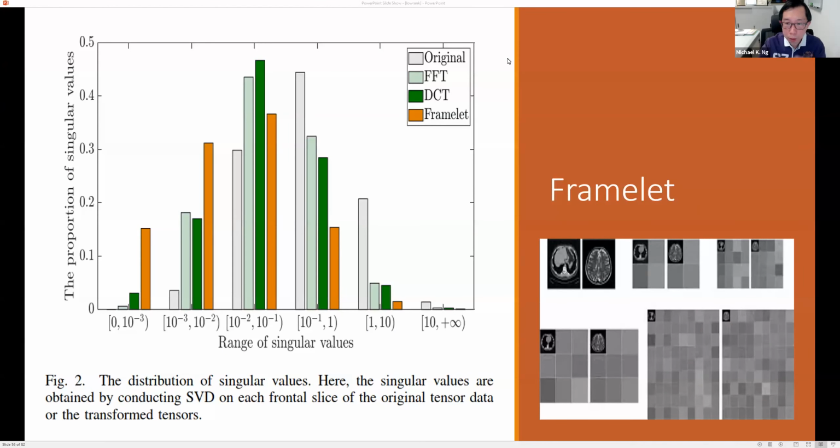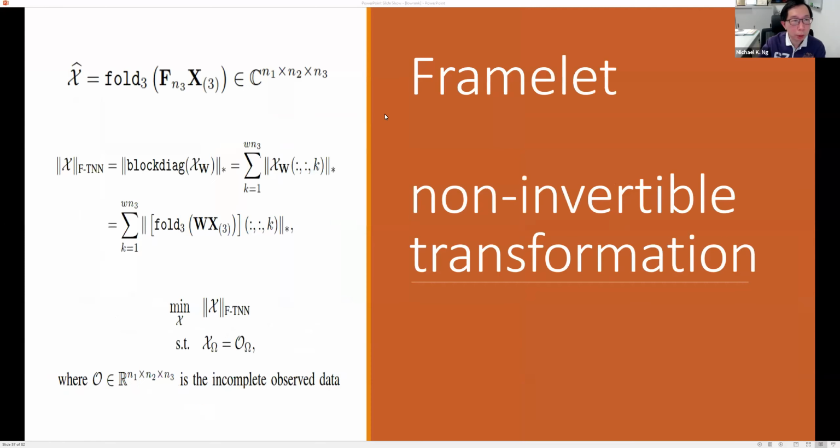Yeah, so actually, for example, using the framelet, we apply the framelet on each tube. That is, you can say that is on the frequency band, for each pixel.